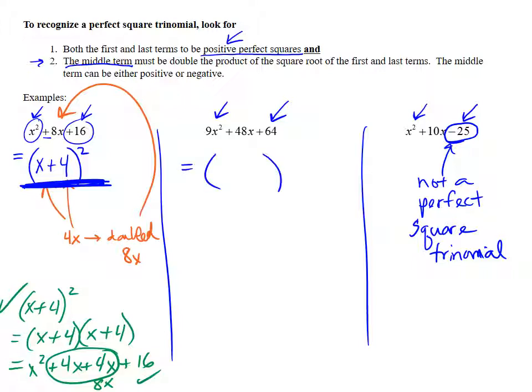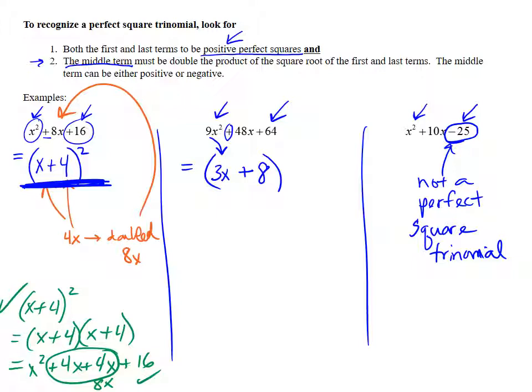All right, let's check the middle term on the next example. Again, let's start by undoing the squares, so square rooting. Undoing 9x squared, square root is 3x, and 64 would be 8. And now let's take a look. The sign of this middle term is positive, so we'd want to use a positive 8.